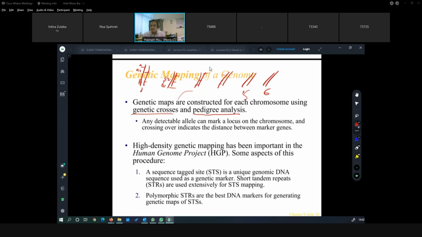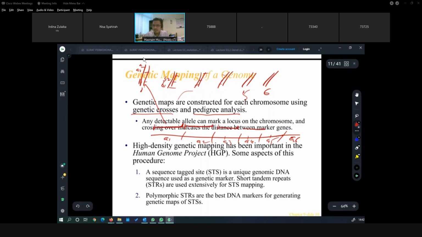Okay, so let's say I take chromosome 1 later on, and then I enlarge it. So A1 is over here, A2 is over here, A3 is over here, A4, A5, A6. Okay, and then I cut them into smaller pieces, so they become segments, 6 segments, for example.